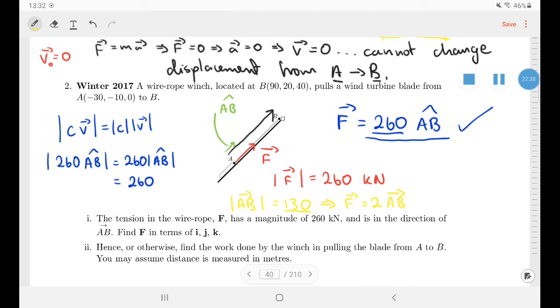Okay, so we have the force anyway. And then the question is, hence or otherwise, find the work done by the winch in pulling the blade from A to B. We'll go back and look at the otherwise in a moment. So we've got the force.